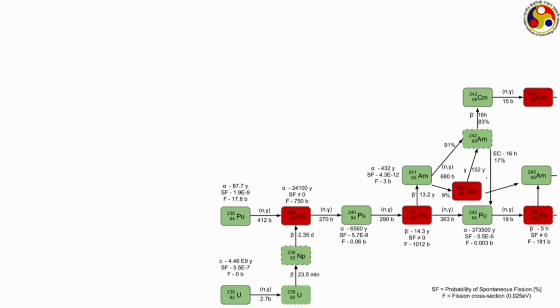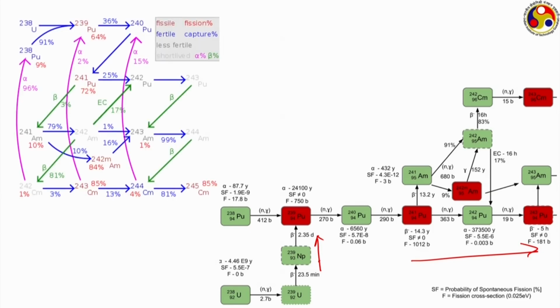With 91% chance it will go through an (n,gamma) reaction to produce Am 242, but there is also a very small probability of Am 242m appearing. And finally, the Am 242 that is getting produced can participate through first a beta and then an (n,gamma) reaction to again form curium 243. So, there are several ways a particular breeding can happen and a fission reaction can get produced. A fissile isotope can be produced either following a route like this or following a route somewhat like this.